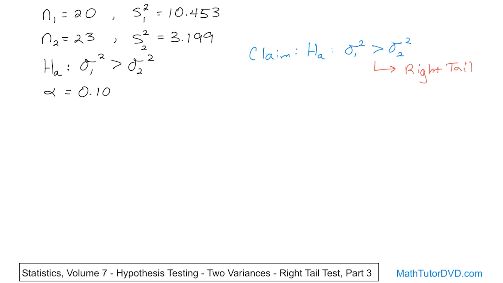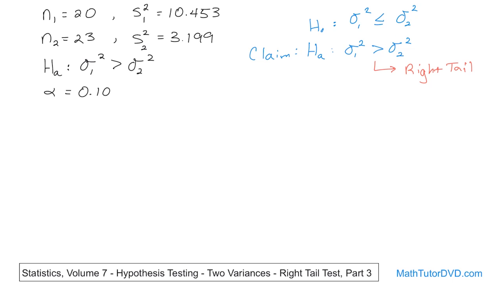Now, once we have the claim written down, we can write the null hypothesis, which is basically the exact mathematical opposite of the claim. So you write down exactly the same symbols, the variance of population 1 compared to population 2, but now you flip the arrow and put an equal sign because that's going to cover all possible other cases. The claim is that the variance in life expectancy is greater in population 1.